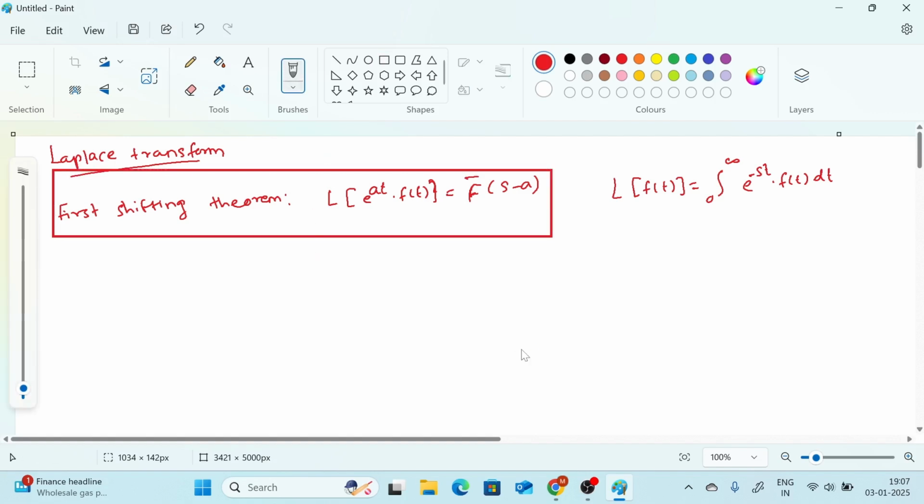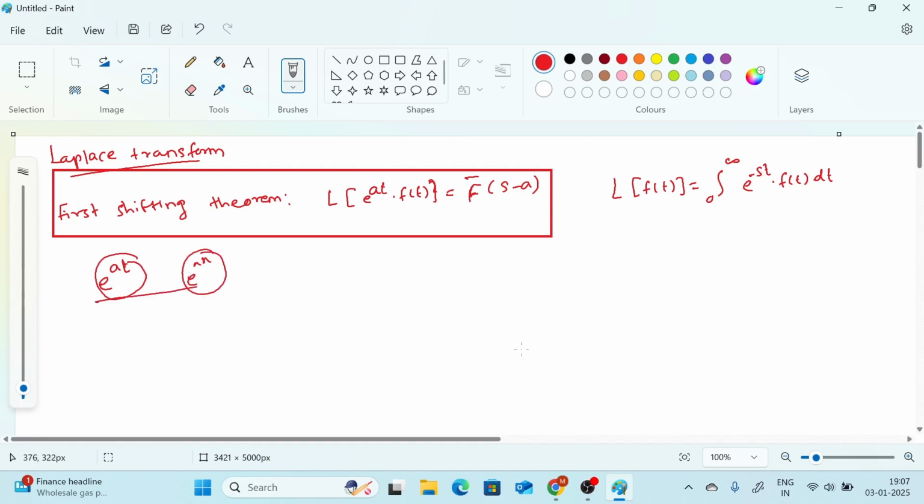So here is a trick how you can identify whether we have to use the first shifting theorem or not. The simple trick is that whenever in an example you see the e raised to at term or e raised to anything, right?